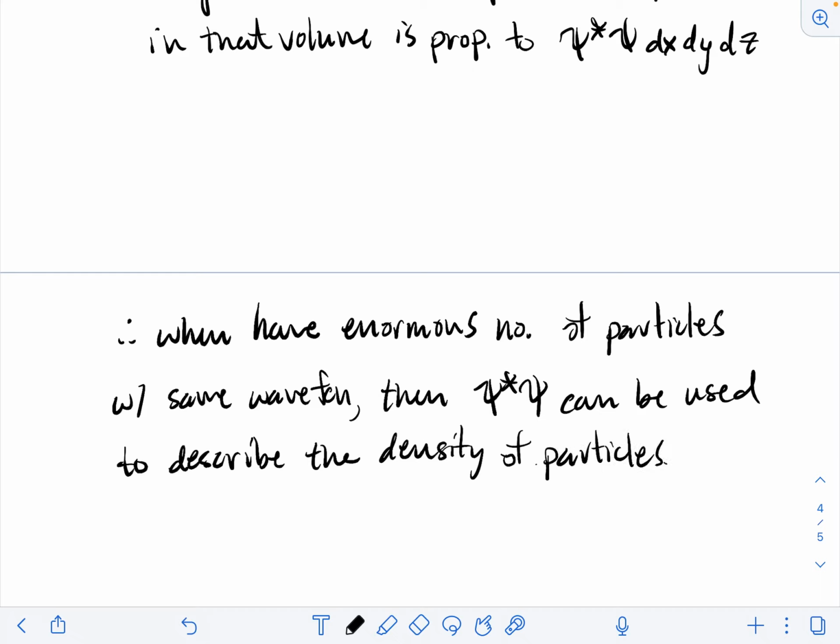So the square of the wave function times a volume element is proportional to the number of particles inside that volume element.